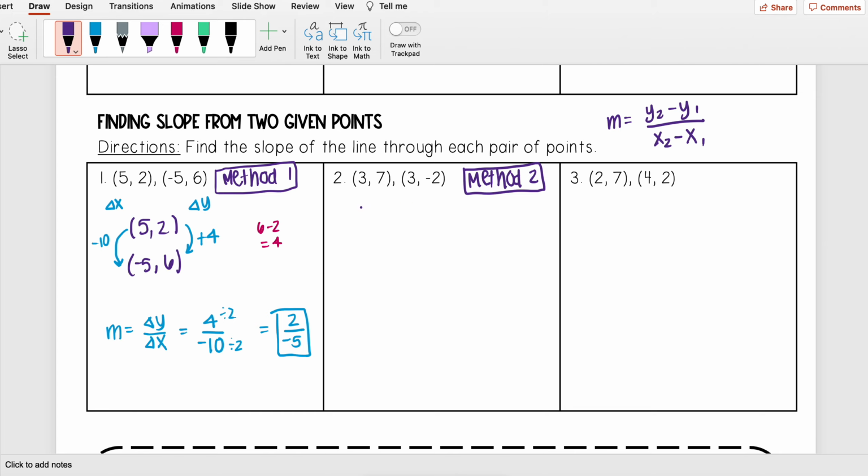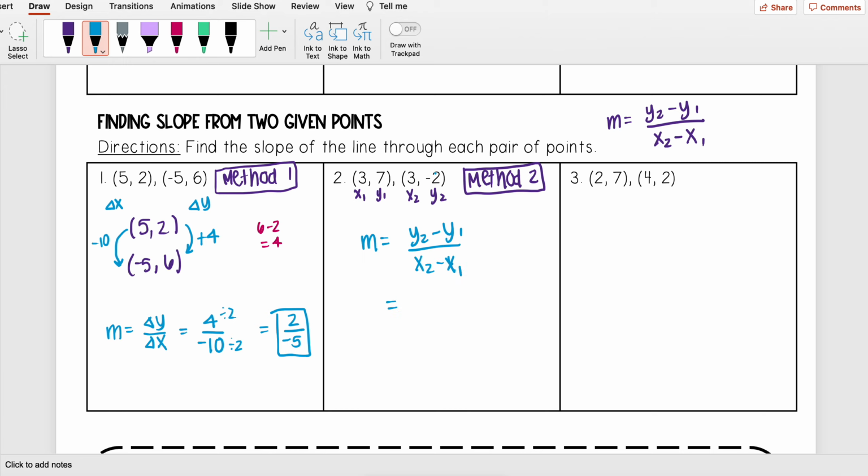So my first step when I'm doing this method is I'm going to go ahead and label. It doesn't matter which one you make the first point and which one you make the second point. I just go in order. So I'm going to have this one be x1, y1, the second one be x2, y2. And so my slope is equal to y2 minus y1 over x2 minus x1.